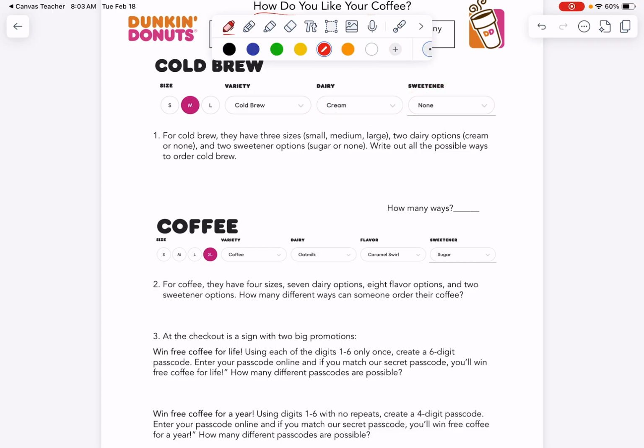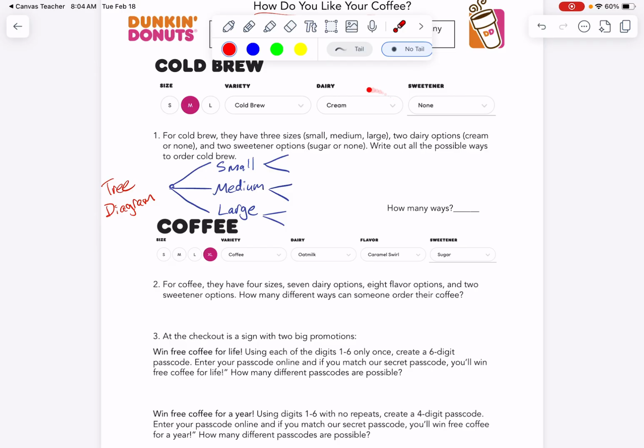Because we have three different sizes, two different options for dairy, and two different options for sweetener, one way we can do this is to make a tree diagram, just like we made with the general multiplication rule. So we can have a starting point, this decision point, where we make our first choice, and that would be a small coffee, a medium coffee, or a large coffee. From that starting point, now it branches off from each of these into two different options, because after we order the size, now we pick our dairy.